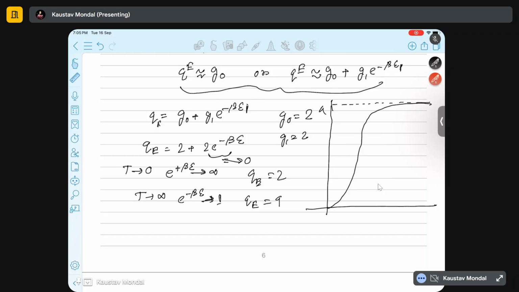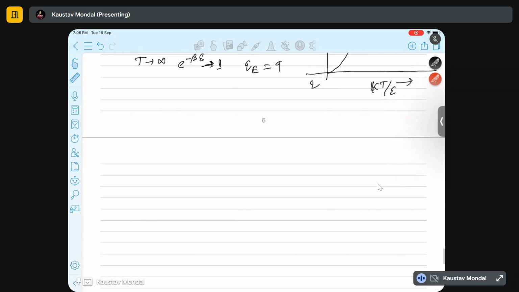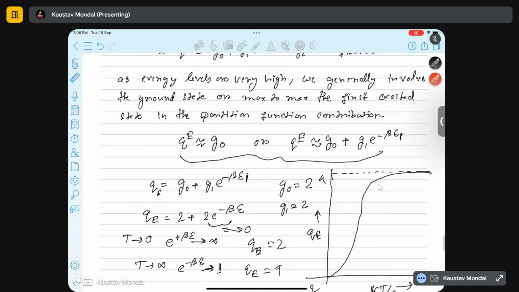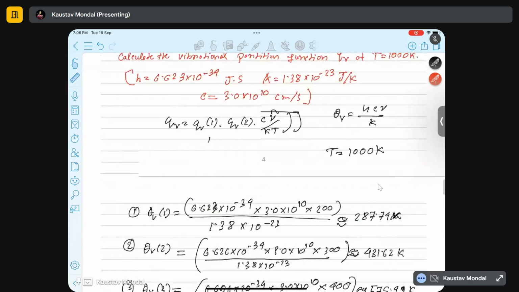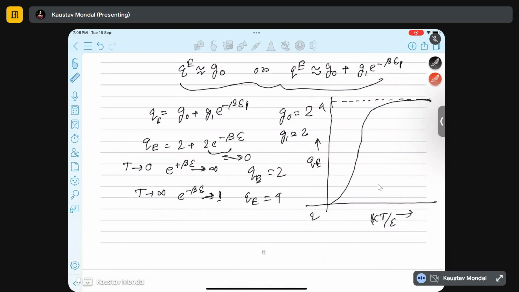This is 4, this is 2. This is q_el, and this is kT by epsilon, the temperature. So this is how the electronic partition function looks by varying the temperature.